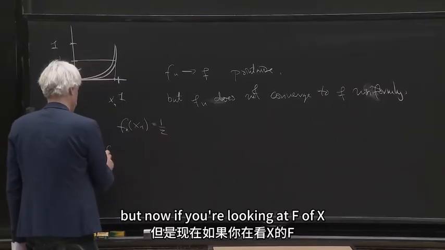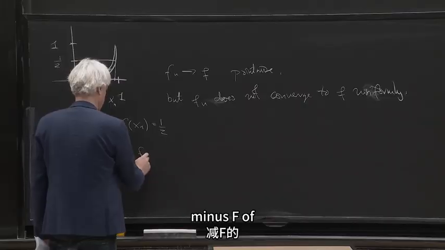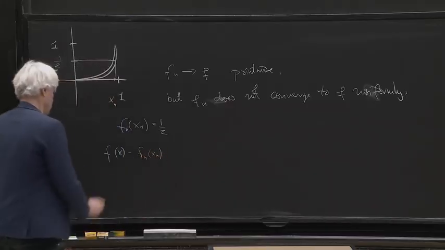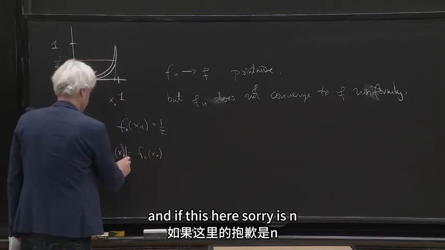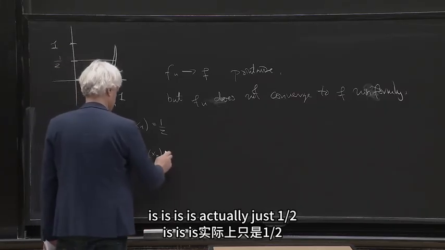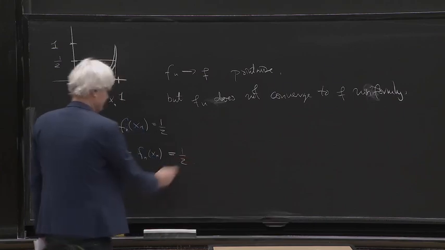But now if you're looking at fn of xn minus f of xn, this difference is actually just a half, right?